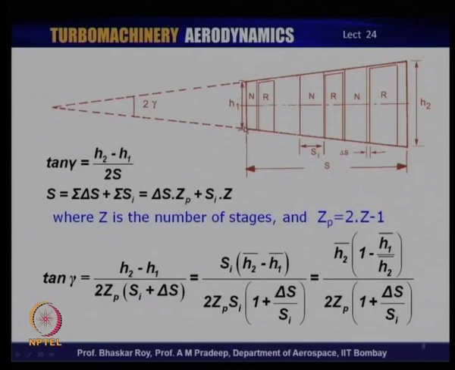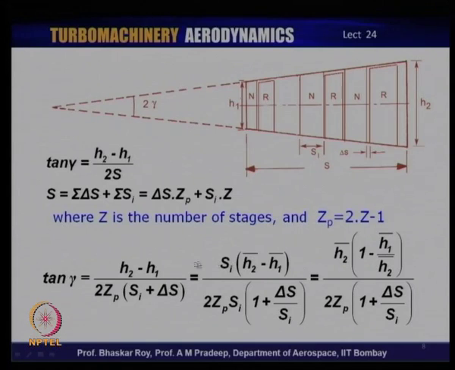H1 is the first height, let us say annulus height, of the entry stage, and H2 is the exit height of the entire multi-stage configuration. So, when you put all of them together, you get a certain tan alpha, which can be deduced from this relationship. Somewhere in between, we have used a ZP, which comes out of the Z, which is the number of stages, and it gives some value of ZP, which is 2Z minus 1.